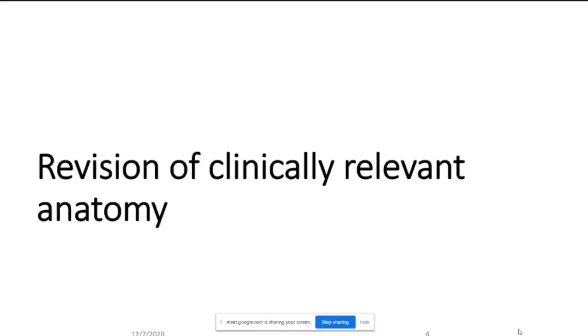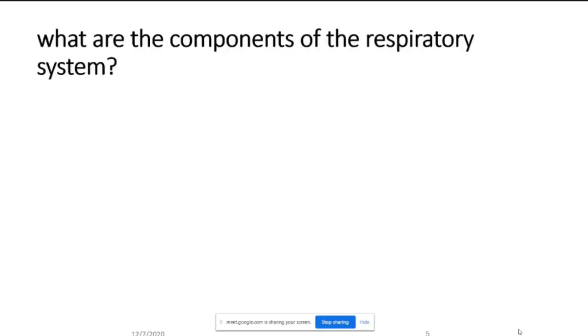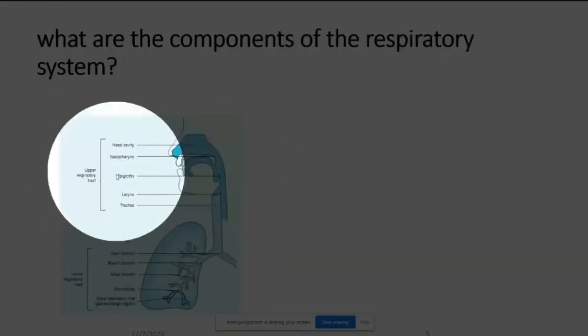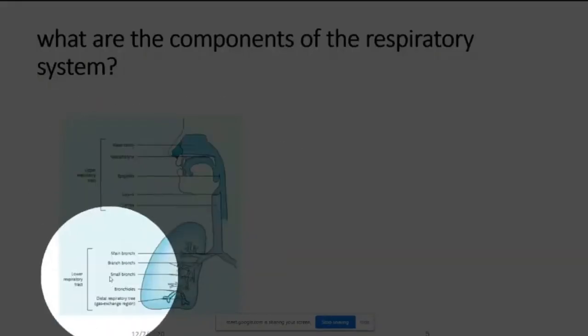So we will start with revision of the clinically relevant anatomy. Start with what are the components of the respiratory system. The respiratory system is divided into two parts, the upper respiratory tract and the lower respiratory tract.